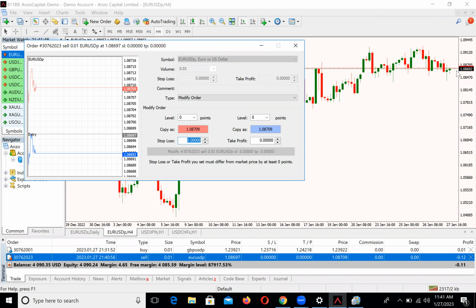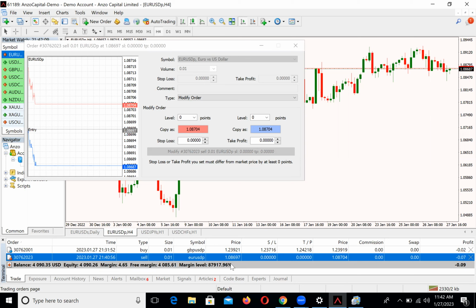Entry price is 1.08697. Somebody give me the stop loss of 25 pips. Remember, we are selling now. Stop loss of 25 pips. What do we have?